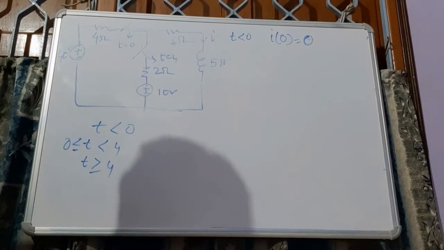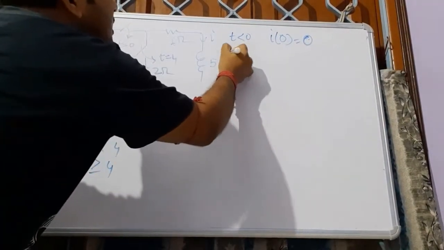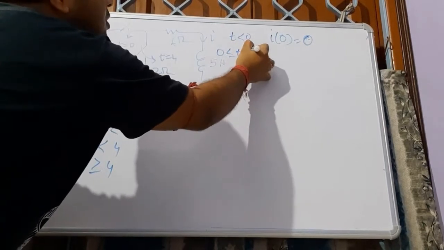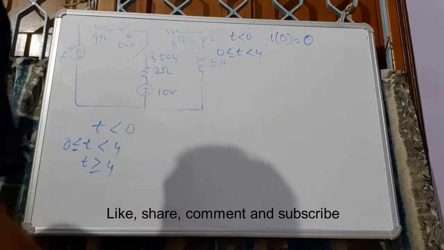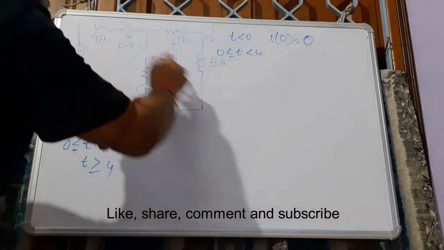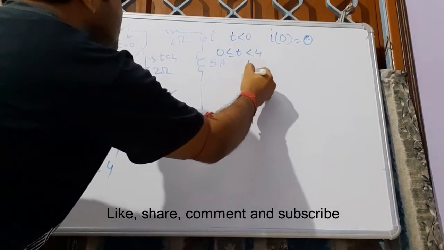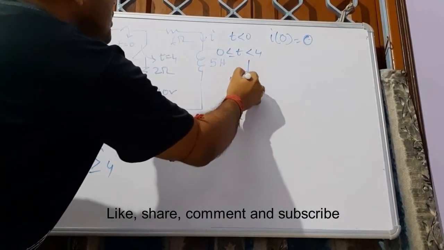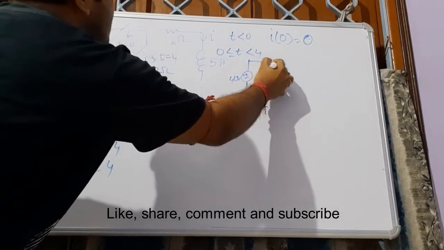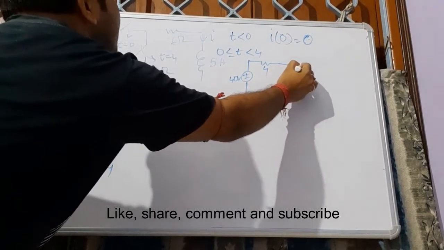Now for t greater than or equal to 0 and less than 4, the circuit will be like this: 40 volt, this 4, this is 6.